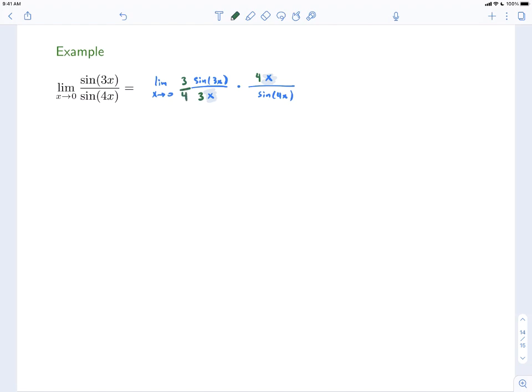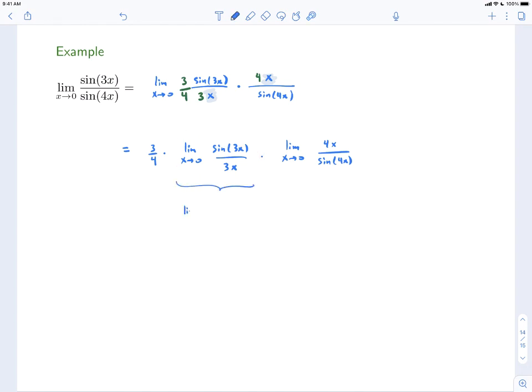So then, what do we have? We have 3 over 4 times the limit as x goes to 0 of sine of 3x over 3x times the limit as x goes to 0 of 4x over sine of 4x. Well, in this first limit, this is the sine of theta over theta.